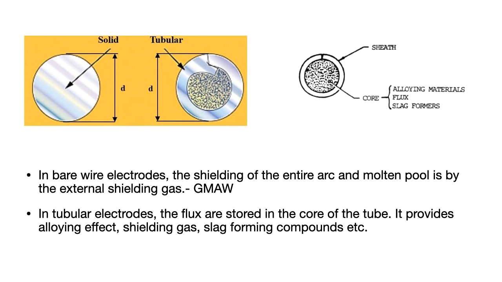There are also some additional differences, like the difference in the current carrying capacity and the gases which are produced. Say for example, the solid or bare wire electrodes basically depend on the external shielding gas which is supplied.